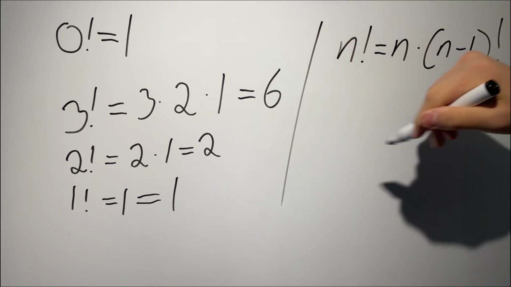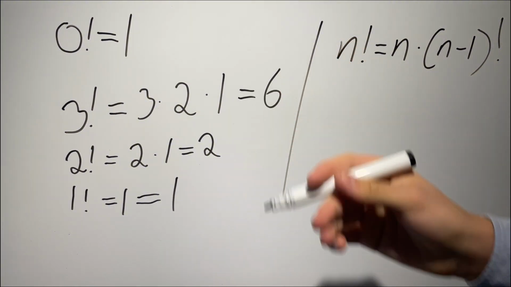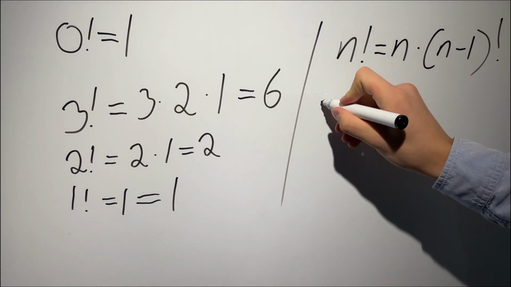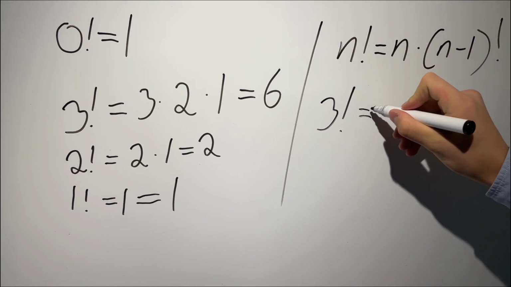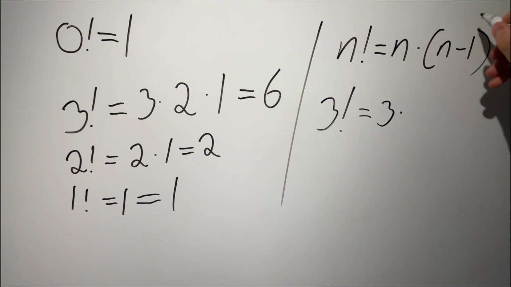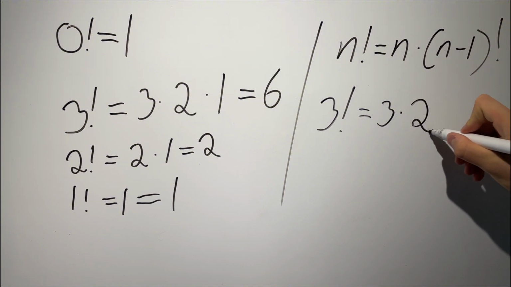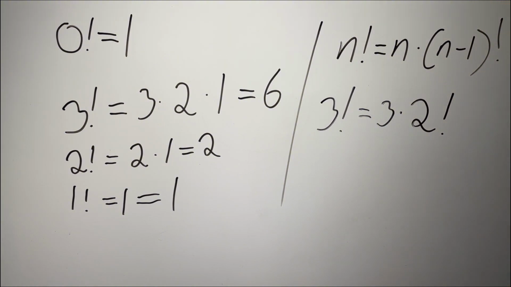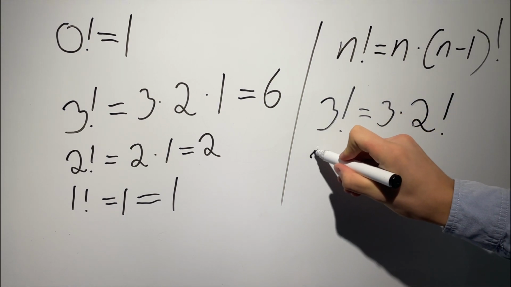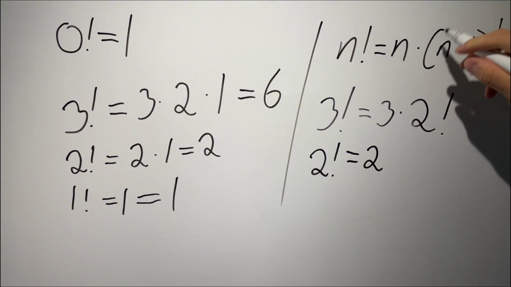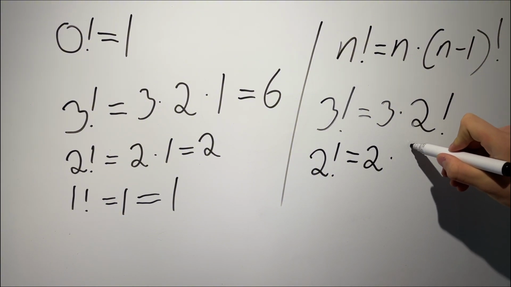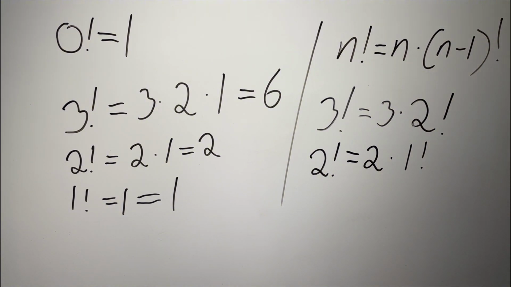So using this pattern, let's plug in the numbers. First, let's take 3, for example. 3 factorial equals 3 times (n minus 1) factorial, which is 2 factorial. 2 factorial equals 2 times 1 factorial.